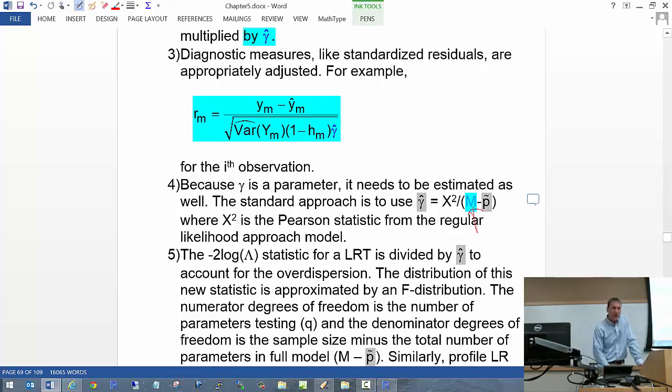I have a lowercase m in my notes, I think, and that should be an uppercase M. What's typically done is gamma hat is set equal to your Pearson statistic that we saw for the goodness of fit divided by M minus p tilde, where p tilde, and again this is the problem with some of our notation here, is the number of beta parameters that we are estimating. So that's how we can get an estimate.